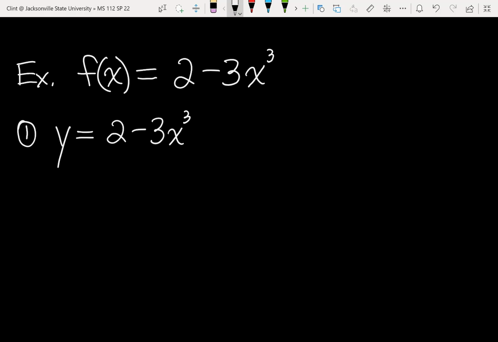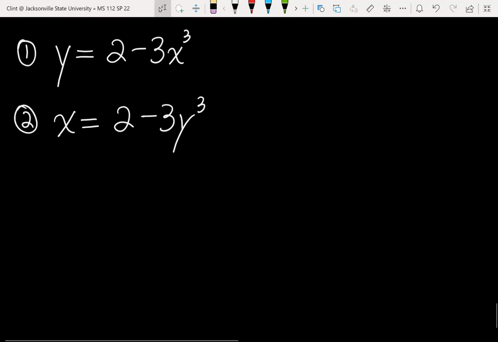Step 2, switch the x's and y's, so x equals 2 minus 3y cubed. And then step 3, we want to solve this thing for y.